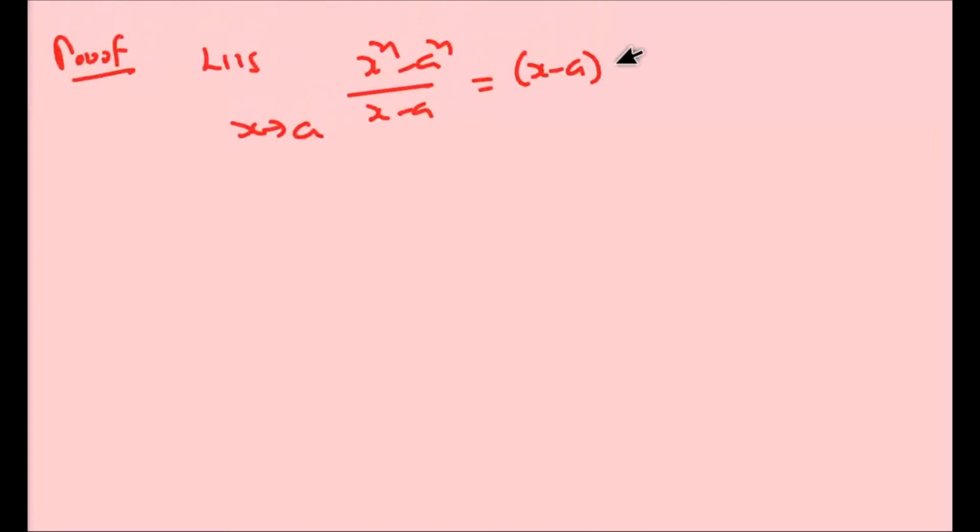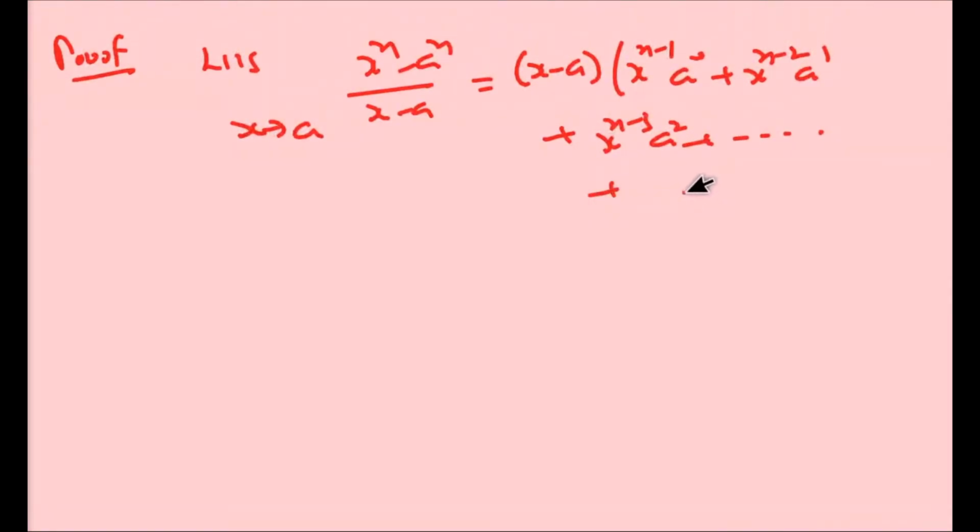Dividing by x minus a, you can find the formula this way: x minus a times (x to the power n minus 1, a to the power 0, plus x to the power n minus 2, a to the power 1, plus x to the power n minus 3, a square, plus and so on, plus x to the power 0, a to the power n minus 1).